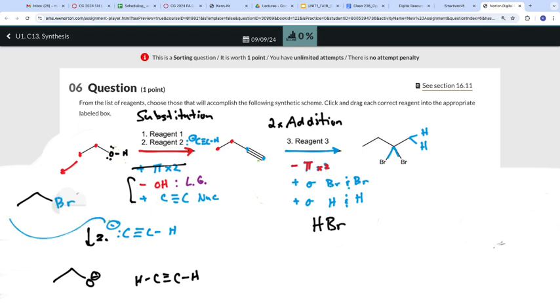Because now what could happen? This could come in, attack, kick that up, ta-da, there it is. Ooh, that would be fantastic. That would be lovely. But that only works if I know the reagent that allows me to convert the OH to the Br.